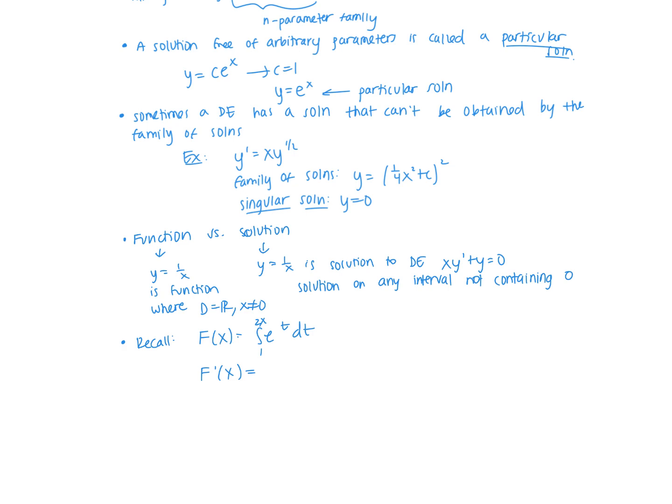What did we come up with? I got 2e to the 2x. Yeah, 2e to the 2x. If you remember, you can put the 2x in place of the exponent, but then you have to remember chain rule.